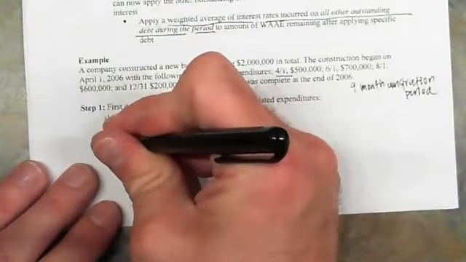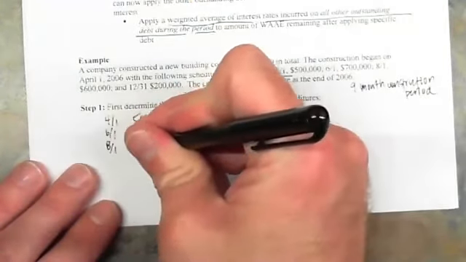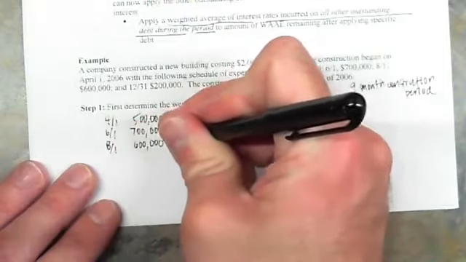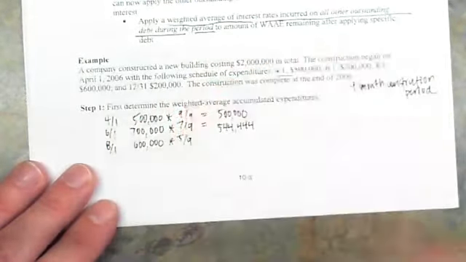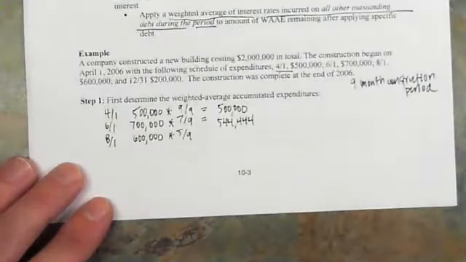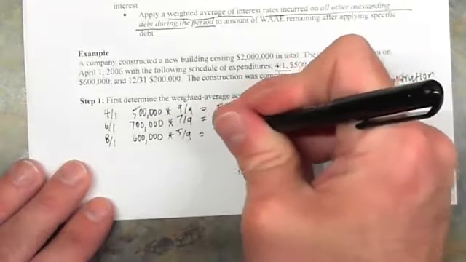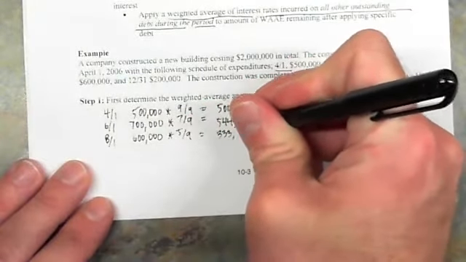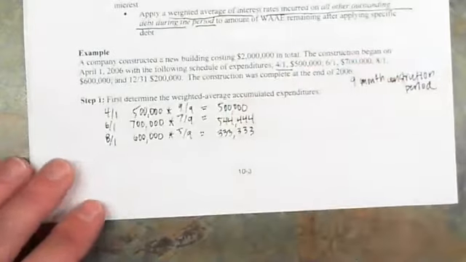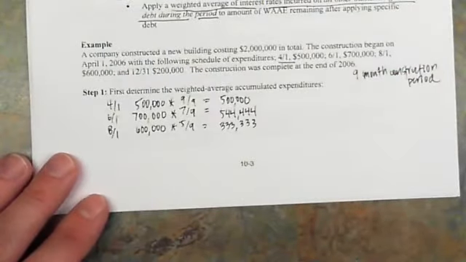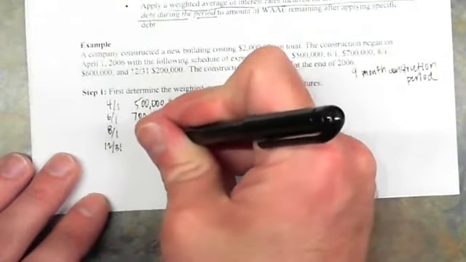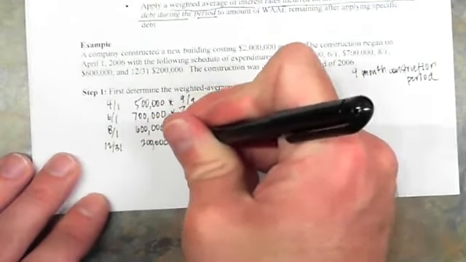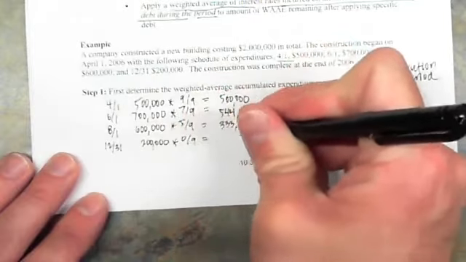And then on August 1st, we have a $600,000 payment. That August 1st would be 5 of the 9 months considered in construction. One of those fun repeating decimal places. And then the 12/31, because it was spent at the very end of the year, receives no weighting.